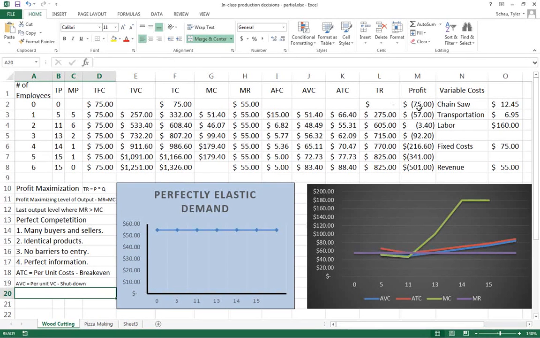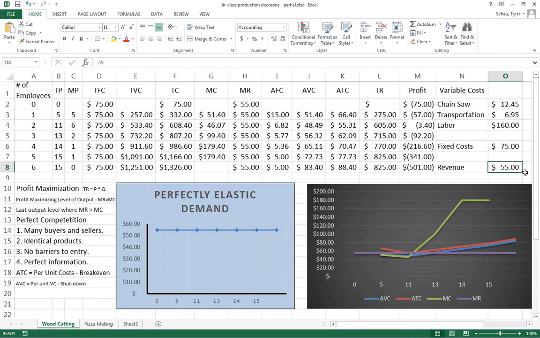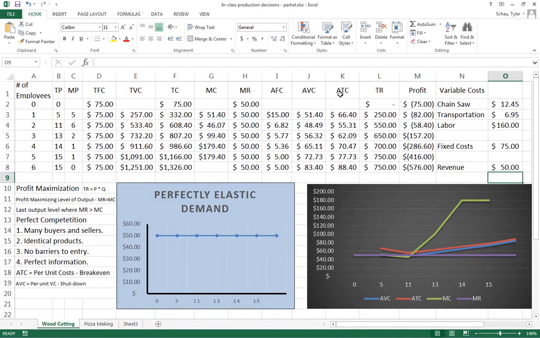As long as the price is above the lowest point on the average variable cost curve, in this case it's $48.49, I'll go ahead and remain open. Okay, so let's pull this number down to $50. It's below the lowest point of the average total cost curve, which means I know I'm going to lose money, and if you look at my profit, I am. But there again, I would rather lose $58 than shut down and lose $75.